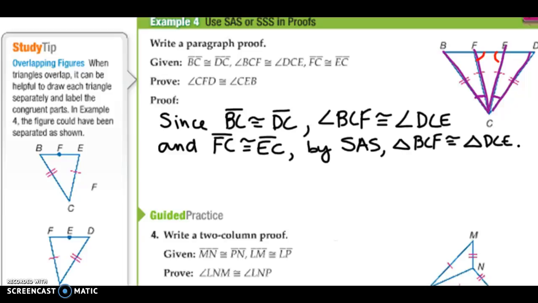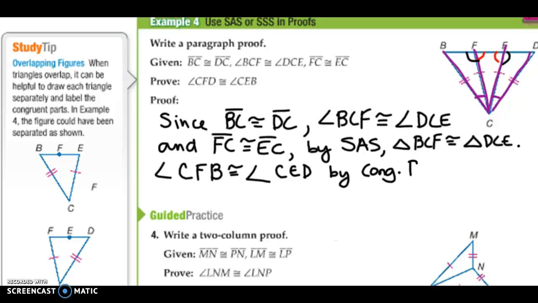Okay? Now what we can also say is that since these triangles are congruent, these sides right here are going to have to be congruent as well by the congruent polygon parts. So we're going to say that angle CFB is congruent to angle CED by congruent parts theorem.